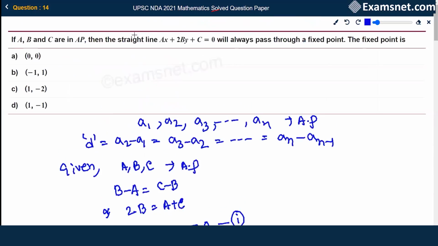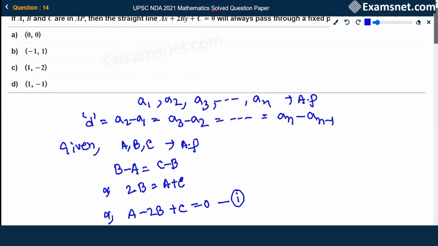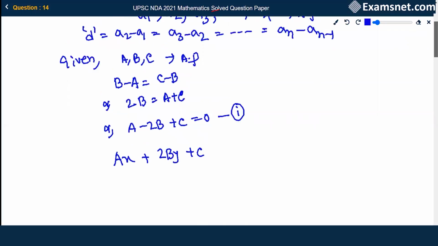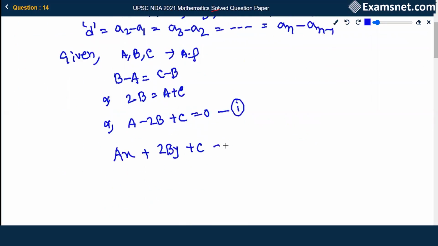Also, it is given the equation of the straight line as ax plus 2by plus c equals to 0. Let's name it equation 2. Both the equations we can compare because the coefficients refer to the same constants, which are a, b, c.